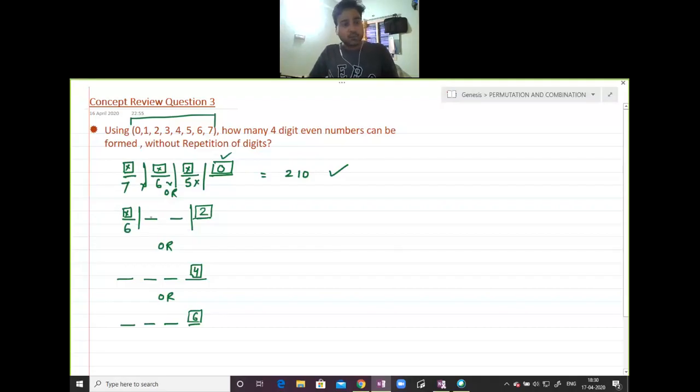Now any one digit has been put here except 0, and one digit has been put at the end. Two digits have been put out of 8, remaining again 6, because 0 I can use it here. 6, what about here? 5, right? I multiply all this: 6 into 6 is 36, into 5 is 180, right, Sanket?